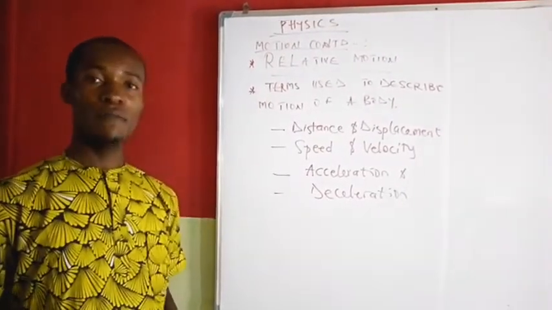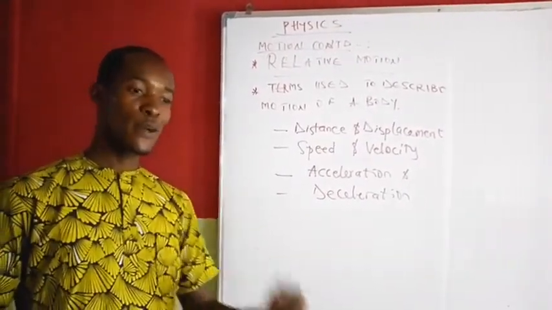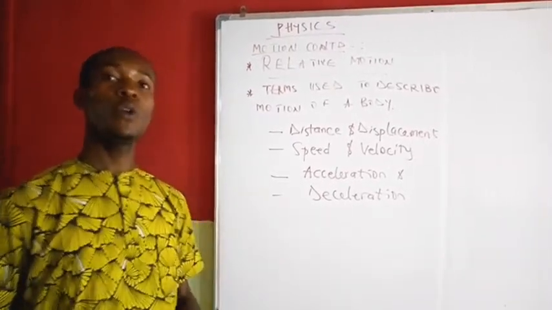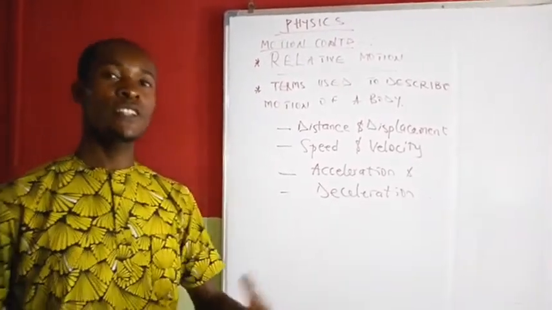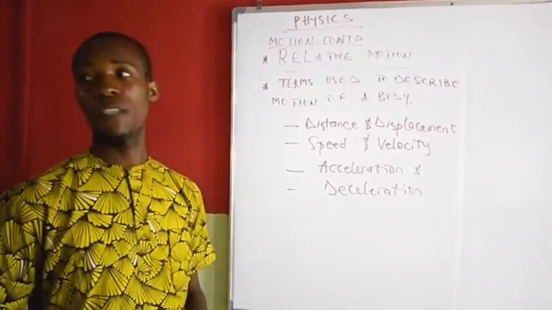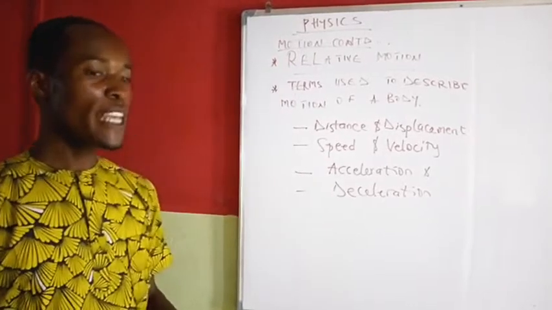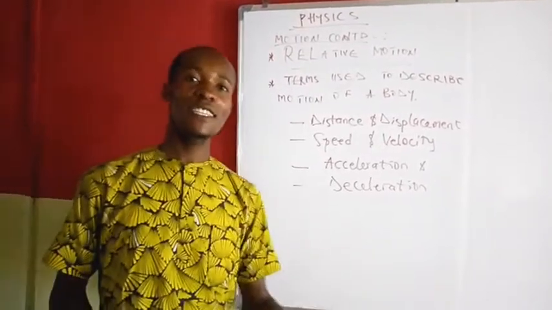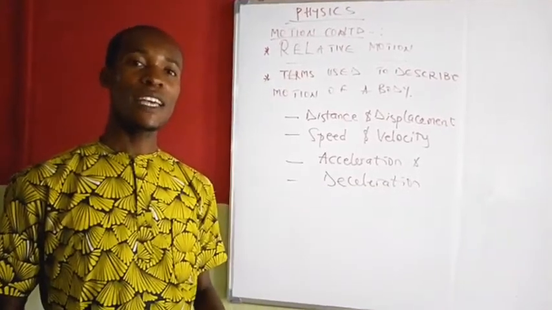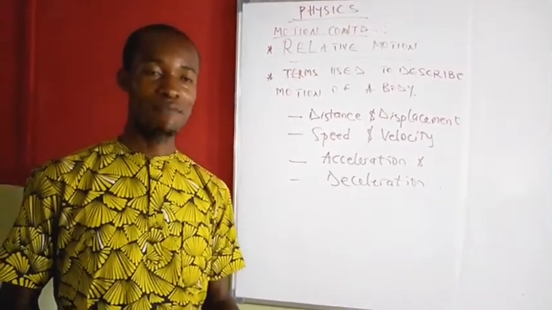Now, in speed and velocity, we have what we call constant speed, or we can call it uniform speed. We also have what we call average speed. When you talk about constant speed or uniform speed, we say that it is when a body covers equal distances in equal time intervals, no matter how small the time interval may be.